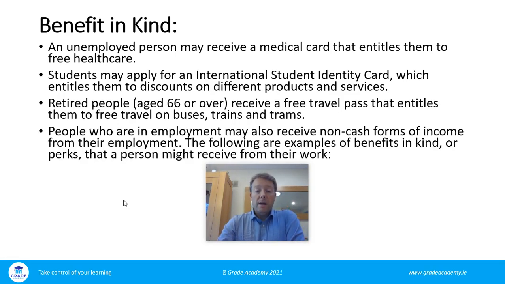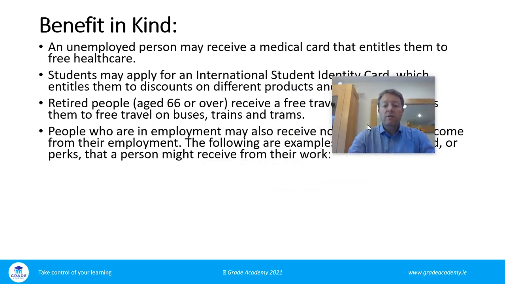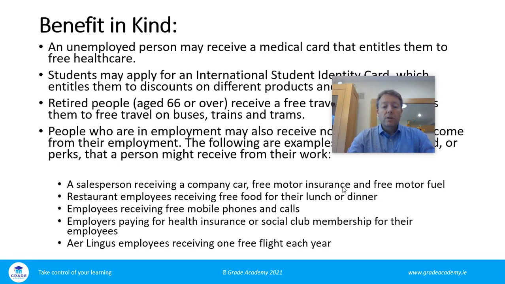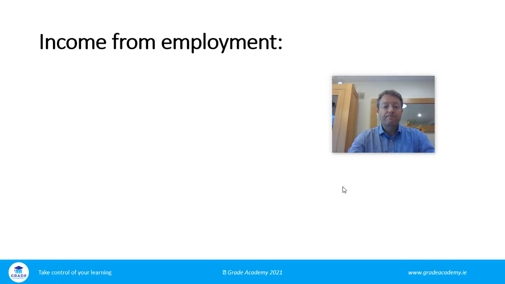People who are in employment may also receive non-cash forms of income from their employment. The following are examples of benefits in kind or perks that a person might receive from their work. So you can read over these examples of an employed person receiving benefits in kind.